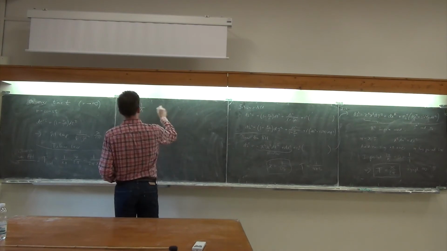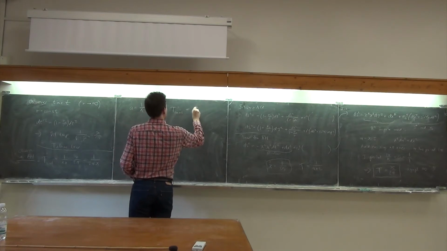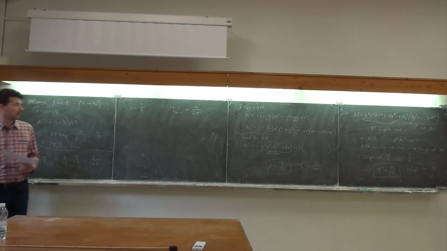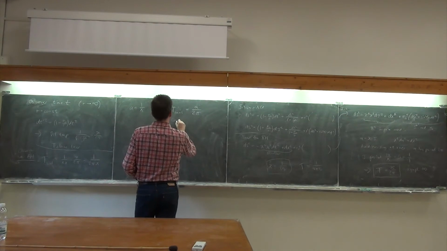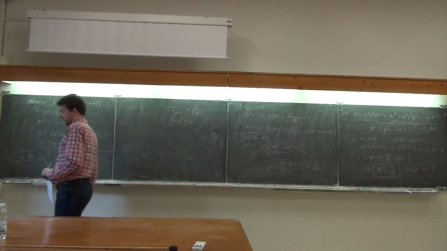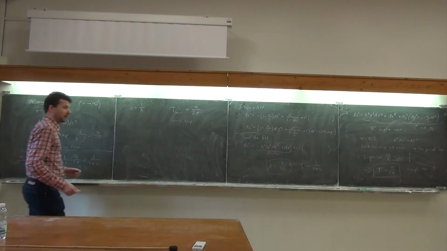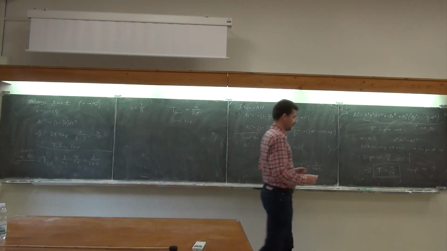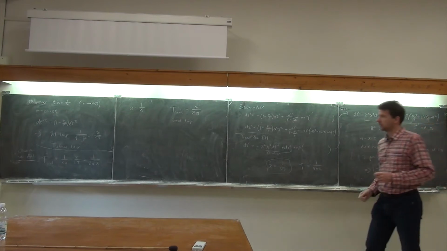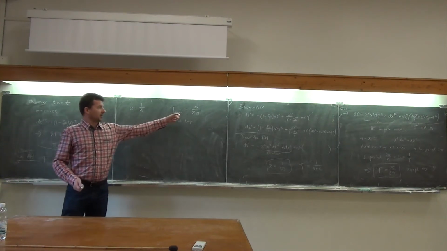The local temperature is related to the acceleration divided by 2 pi. And this is called the Unruh temperature, which very roughly speaking means that if you have an accelerated observer, then for that observer you have something called an acceleration horizon. And that horizon will also have a temperature, and that temperature is given by this.